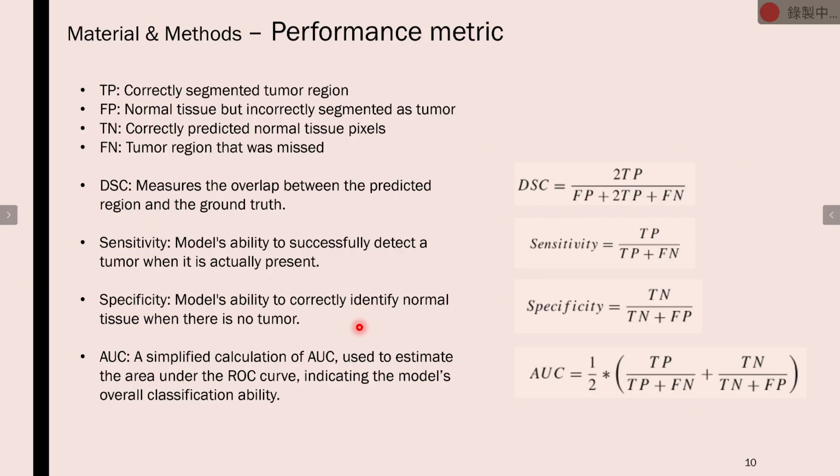Specificity means the model's ability to avoid false positives. And the AUC estimates the overall classification ability of the model. For all of the metrics, the range is 0 to 1.